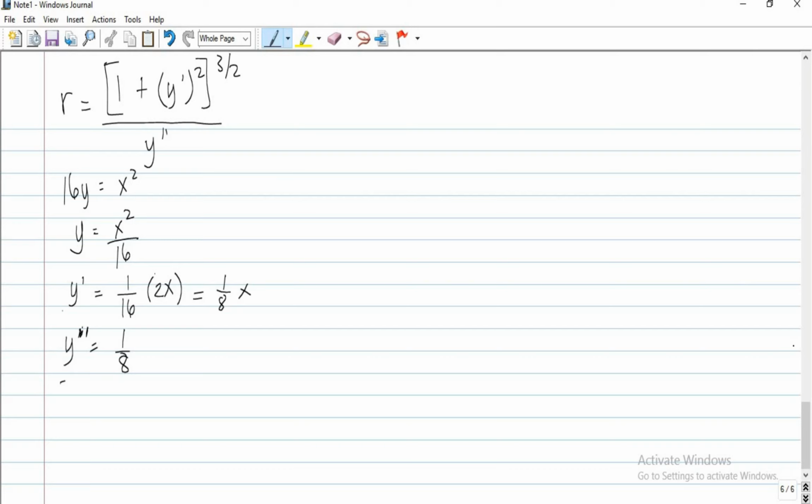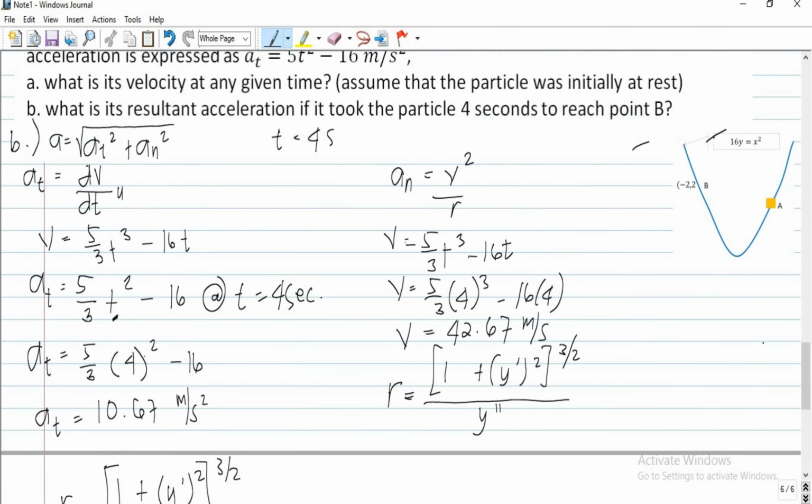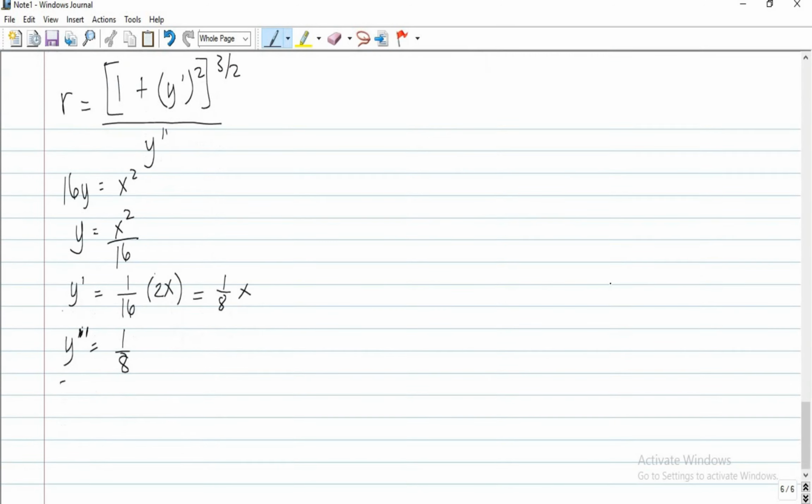Now, dito, balikan natin yung figure. Given yung coordinates at point B, that is negative 2, 2. So, yun yung gagamitin ko. For y prime, ang x natin sa point B is negative 2. So, that is 1 over 8 times negative 2. This is equal to negative 1/4.